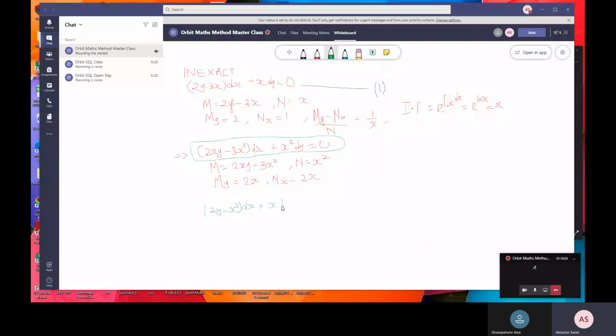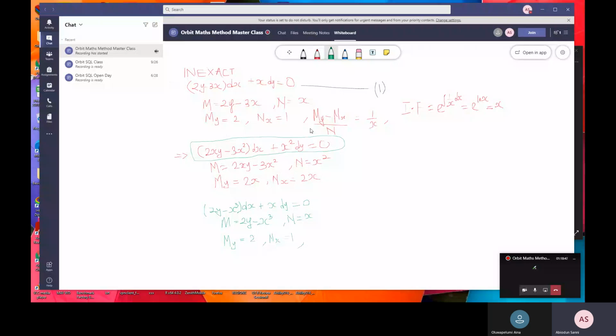This one is also going to be very simple and straightforward. Our M is going to be equal to 2y minus x cubed. My N is going to be x. Let's check, is it exact? My M_y will be 2. My N_x is 1. So it's not exact.